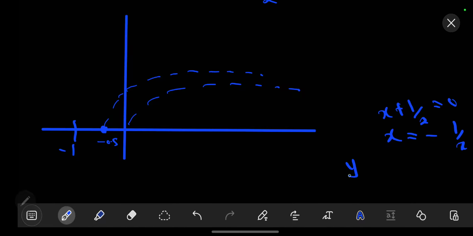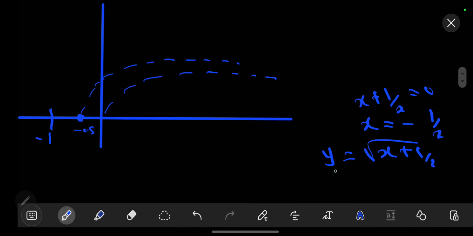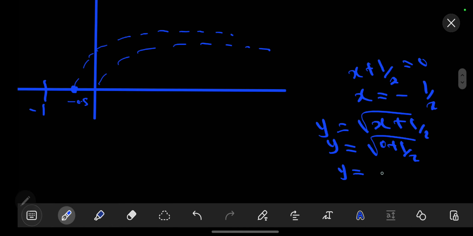If we are to find what the value of y will be at that point, we have y equals the square root of x plus half. At the y-intercept, x is equal to 0. So we are going to have y equals the square root of 0 plus half. The square root of 0.5 is approximately, in fact, since I don't have a calculator, I'll just put the root of 0.5 like that.